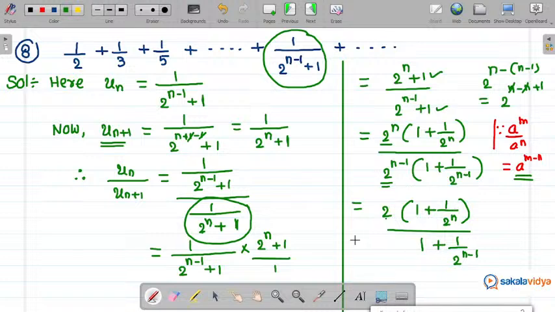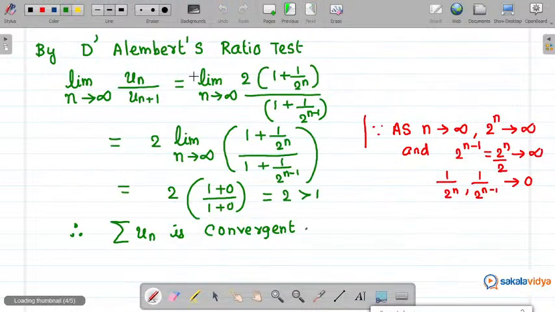Now apply the limit. So next by D'Alembert ratio test, limit n tends to infinity un by un plus 1. Limit n tends to infinity 2 into 1 plus 1 by 2 power n by 1 plus 1 by 2 power n minus 1. So 2 constant, take it common out and apply the limit only to the function.